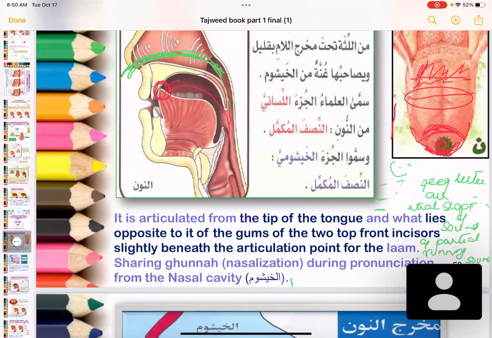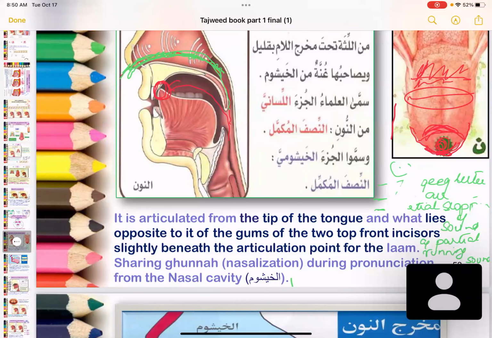Since we haven't discussed lam, a best way to remember this is your tip of the tongue, that is the edge of the tongue, and also a small part of the top surface of the tongue behind the edge of the tongue. So you have two areas here, the tip of the tongue and the surface of the tongue behind the tip of the tongue.